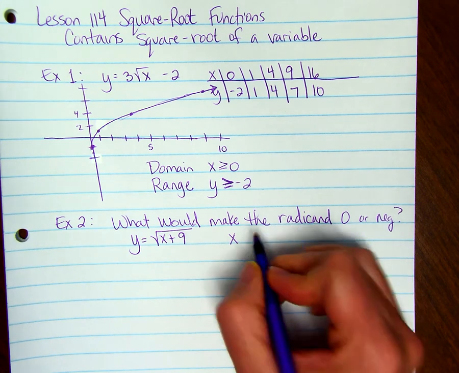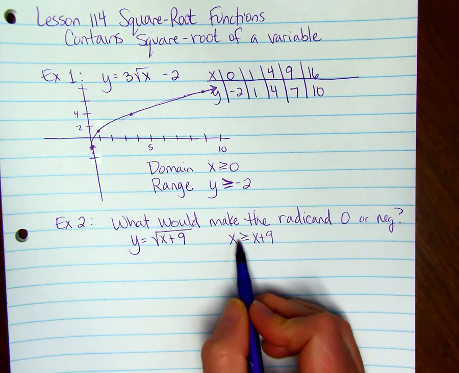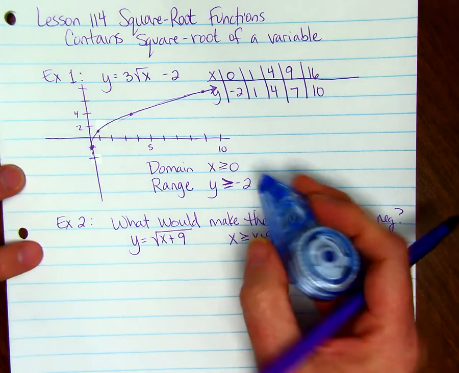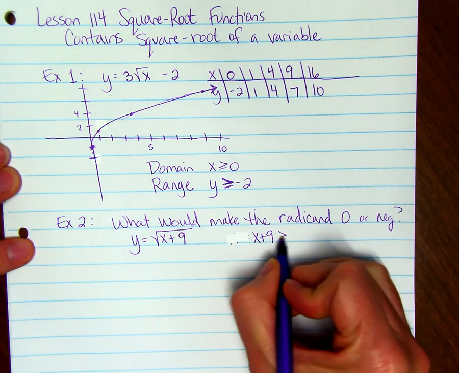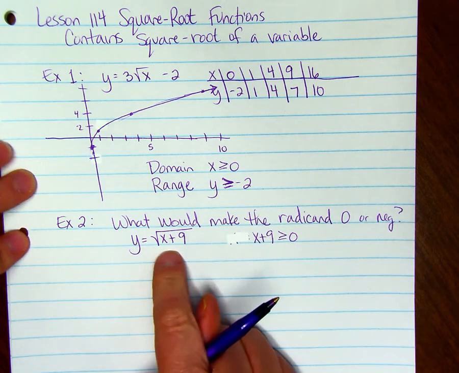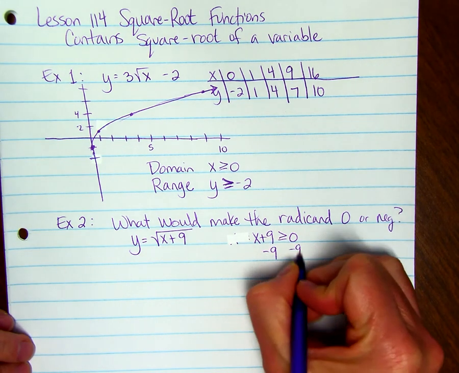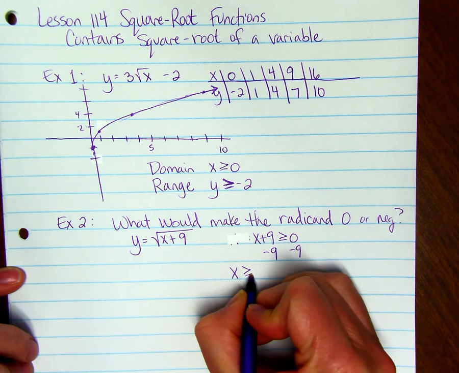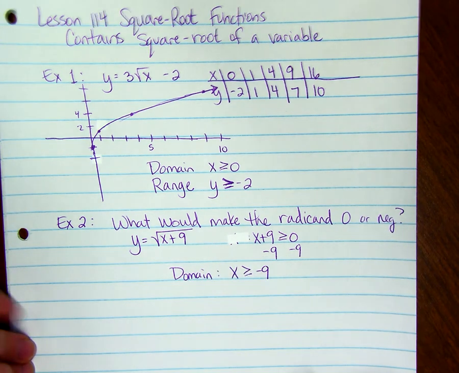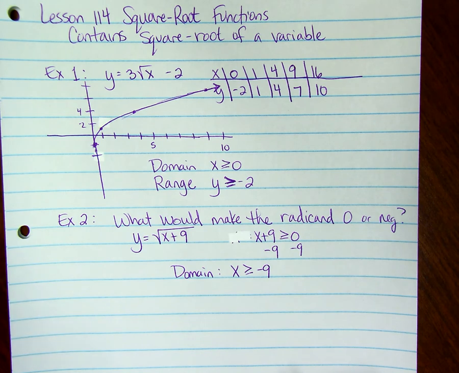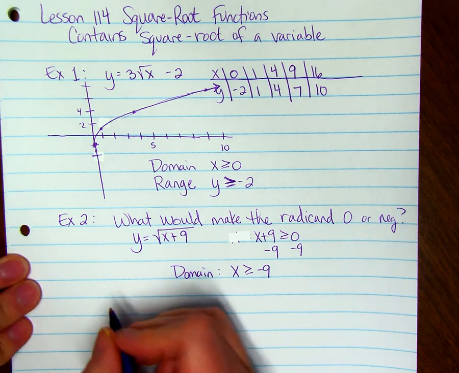X plus 9 has to be greater than or equal to 0, because you can have 0 under there and you can have positive numbers, but you can't have negatives. So if you take away the 9, x has to be greater than or equal to negative 9. That becomes our domain. So it's going to be all real numbers that are greater than or equal to negative 9.